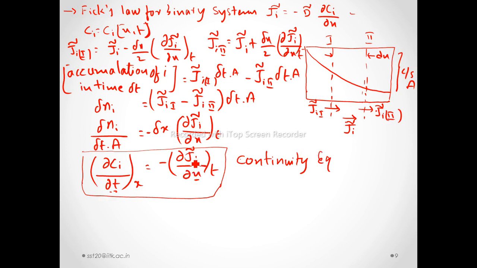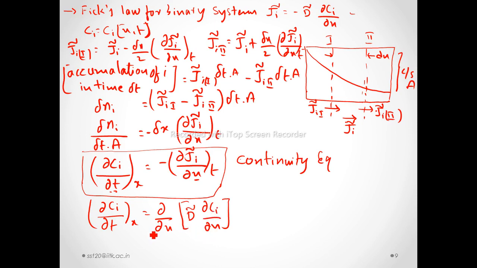As we know from Fick's first law, J is equal to minus d tilde into dou c into dou x.